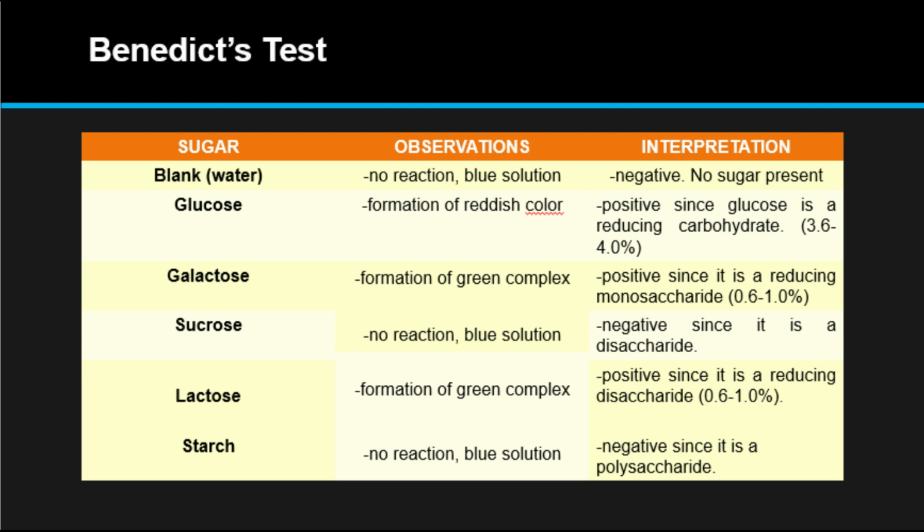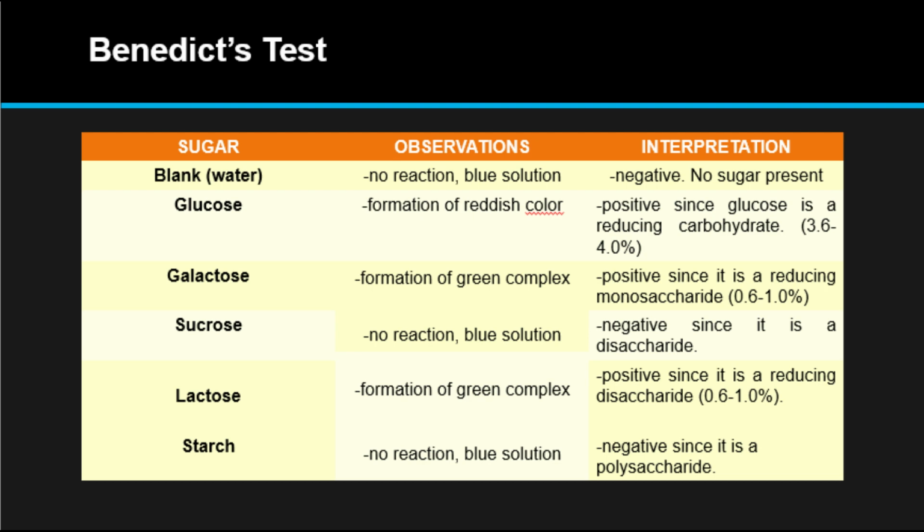Sucrose has no reaction since it is not reducing. Lactose forms a green complex since it is a reducing disaccharide and contains about 0.6 to 1.0% of sugar. Starch, negative, since it's a polysaccharide and not a reducing sugar.